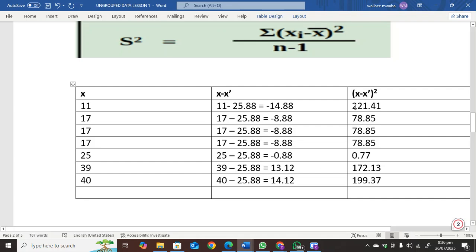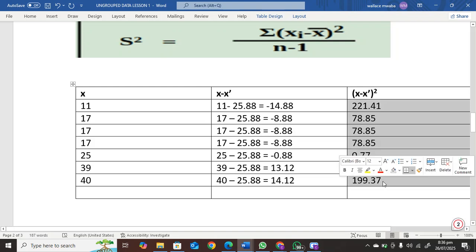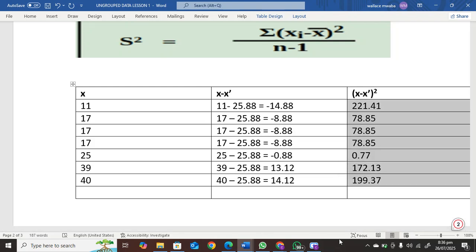Okay, so we need to add these numbers, because as you can see in the formula here, this is called sigma. Sigma means you add up, so here we get the total. Let's add up these numbers. 1.41 plus 78.85.